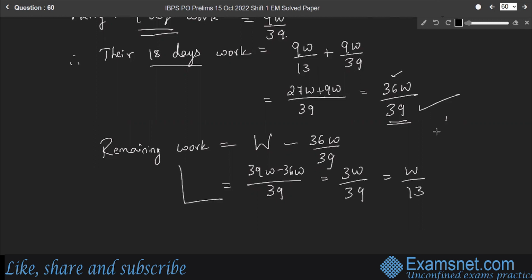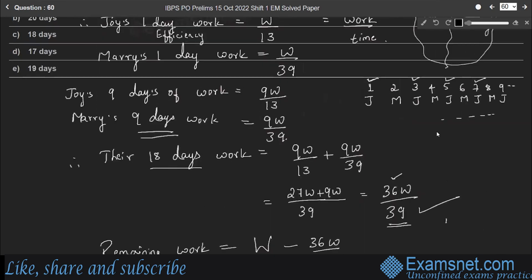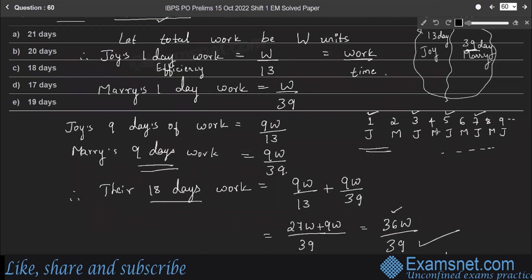Remaining work is W by 13, which is on the 19th day. That is an odd number day. According to the given information, on the 1st, 3rd, 5th, and on all odd number days, Joy does the work. For your better understanding, I'm writing here: Joy does the work on all odd number days.